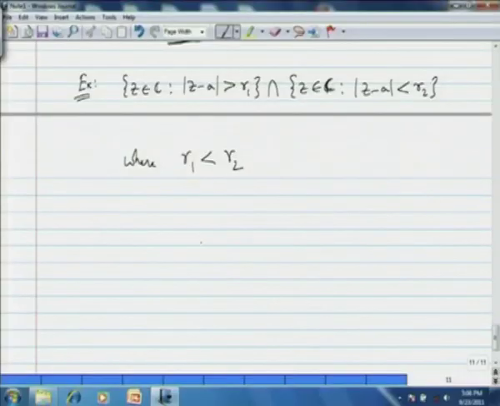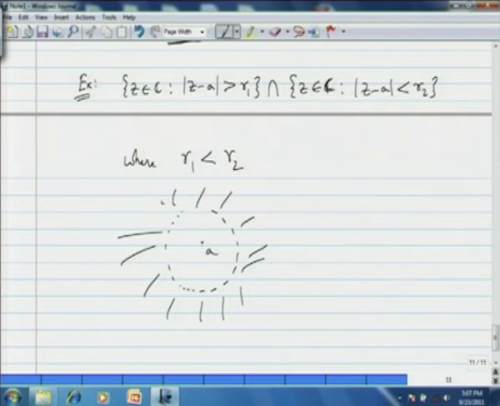So, here is A, and the first set is the set of all numbers which are outside of a circle of radius r1.